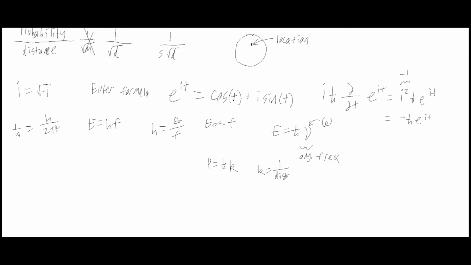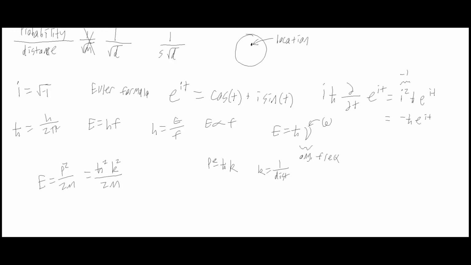And we also know that given these relations, we could write energy as being the momentum squared over 2m. This is the same as h bar squared k squared, or wave number squared, over 2m.